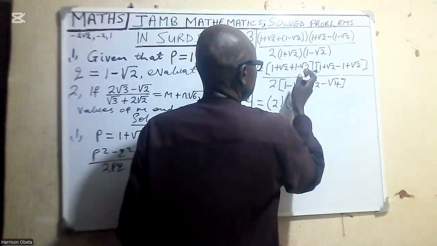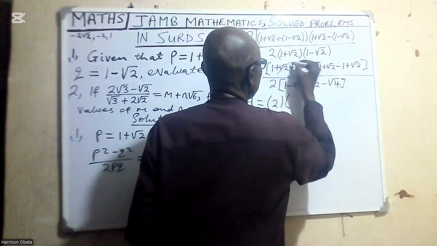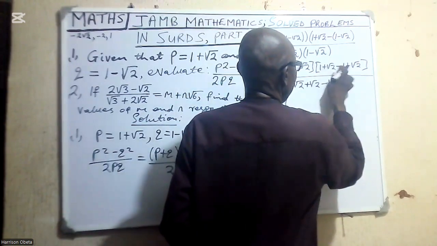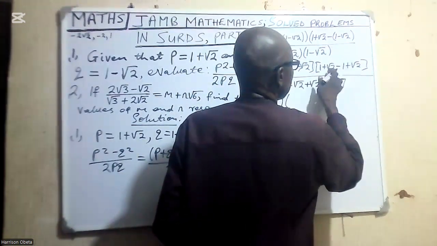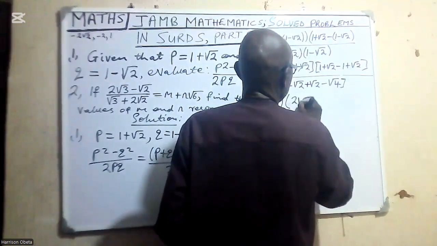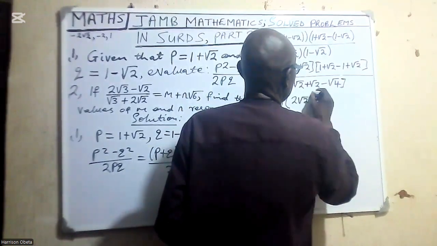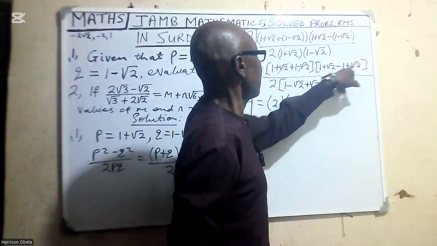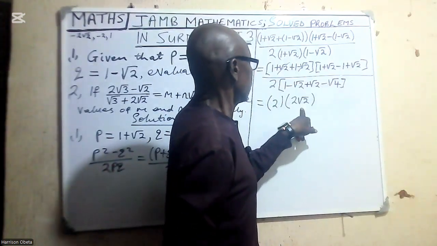This plus this remain. This and this will go. And then coming over here, 1 minus 1 is 0. Root 2 plus root 2 is 2 root 2. That is, this and this will disappear. This and this will give us 2 root 2.